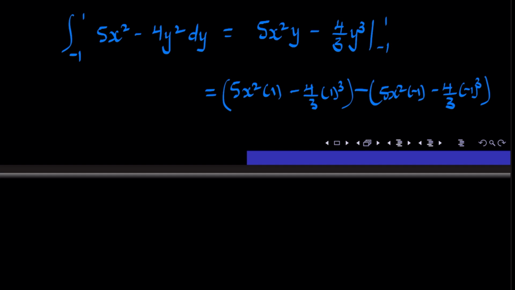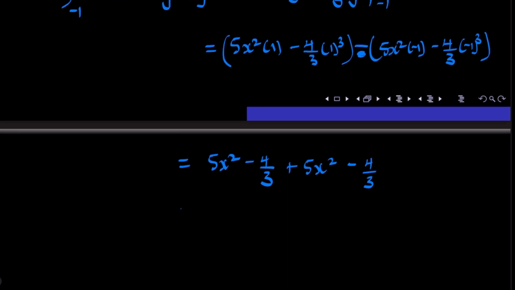So we just have to simplify this guy. So that will be 5x squared minus 4 on 3. And then here is minus, so that will be plus 5x squared. Then -1 cubed is -1. So -1 times -4 on 3 will be 4 on 3. Then times this minus. So that will be minus 4 on 3.